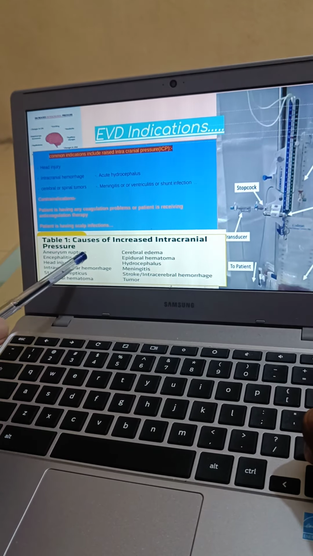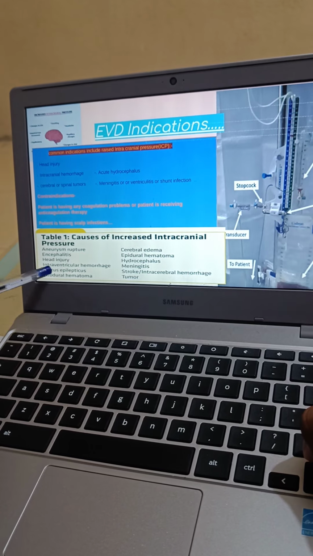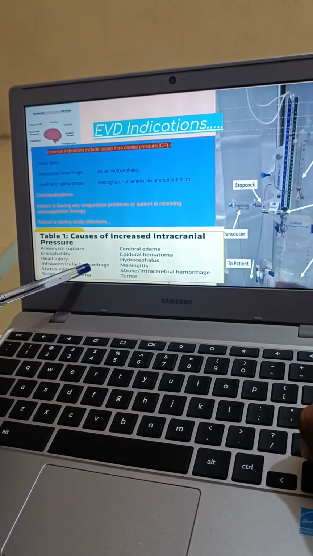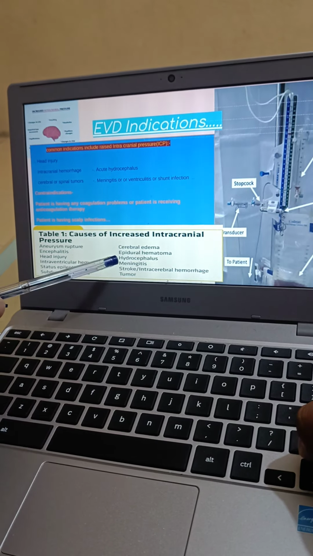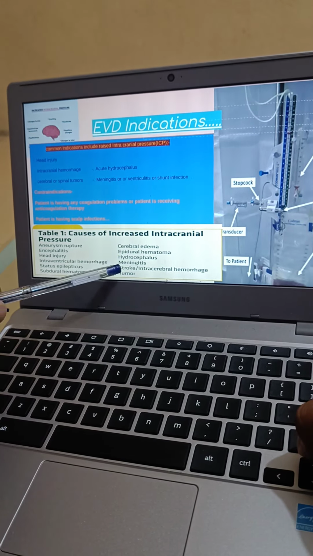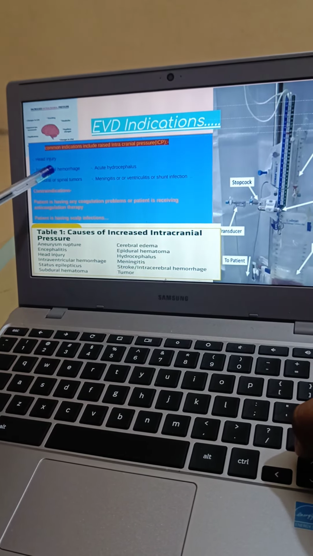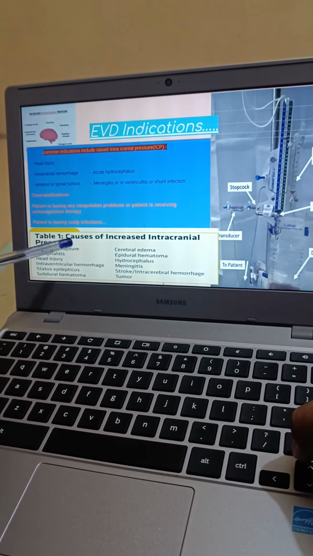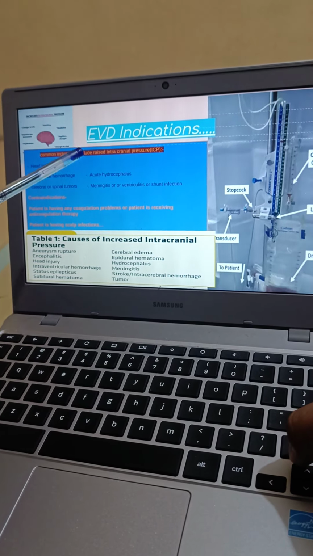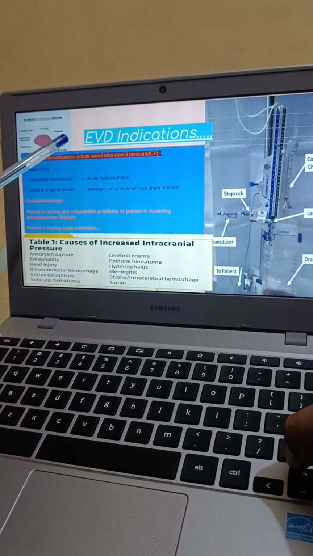If the patient has aneurysm rupture, encephalitis, head injury, intraventricular hemorrhage, status epilepticus, subdural hematoma, cerebral edema, epidural hematoma, hydrocephalus, meningitis, stroke, tumor, cerebral or spinal tumors, acute hydrocephalus, we can see raised ICP, meaning ICP goes more than 15.